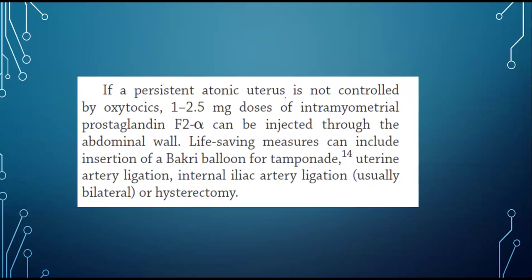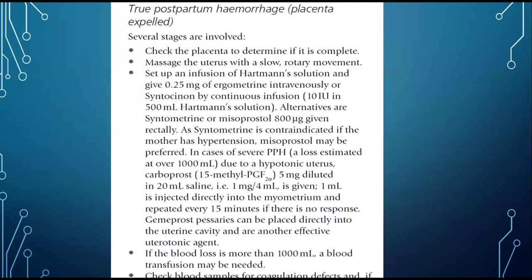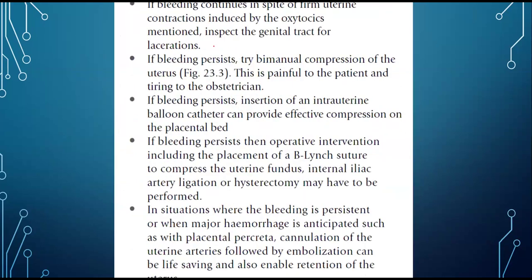If a persistent atonic uterus is not controlled by oxytocin, then even intramyometrial prostaglandin might be needed. So this is some of the other step-by-step management for primary PPH. Fundal massage is always the first, and they have written IV fluid. They have talked about starting the patient with syntocinon or oxytocin, and then ergometrine, and all of these are written one by one.